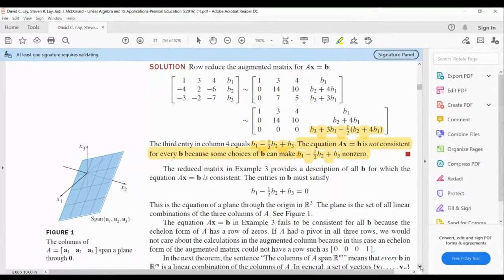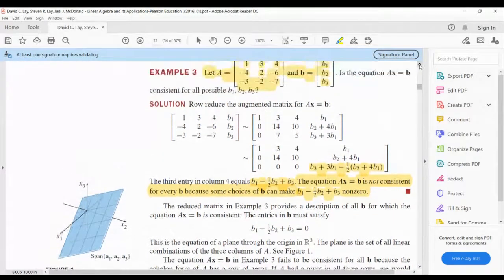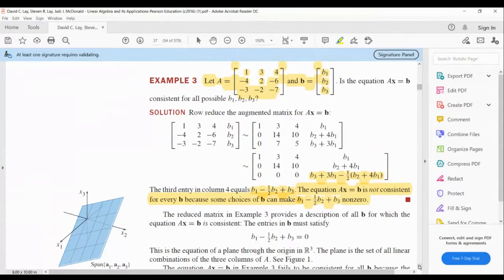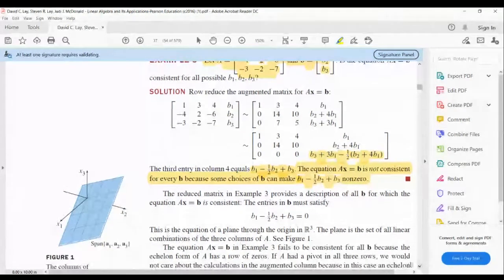If the entries in B satisfy this restriction, then the system will be consistent.